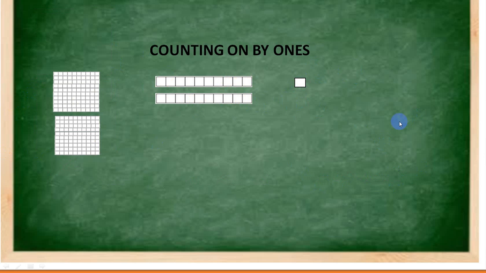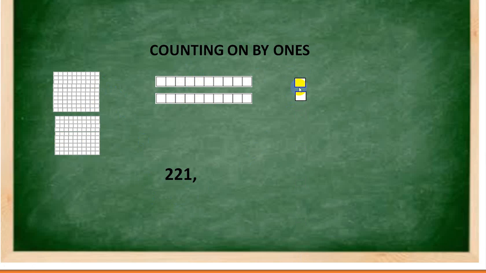Counting on by ones. Okay, at first we got how many? The hundreds 2, the tens 2, and the ones 1. So 2, 2, 1, 221. Okay, 200 plus 20 plus 1 equals 221.